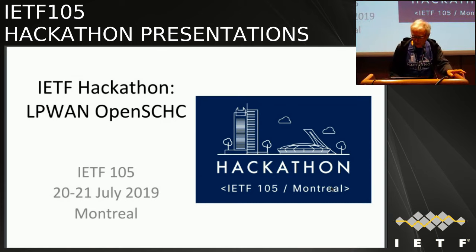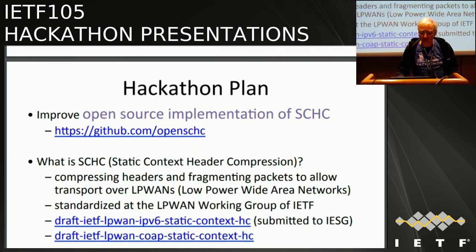Good afternoon. This is a report from the LP1 OpenSCHC table down in the back. At this hackathon, similar to the previous few hackathons, our goal was to improve the open source implementation of SCHC. SCHC is a protocol defined at the LPWAN working group.